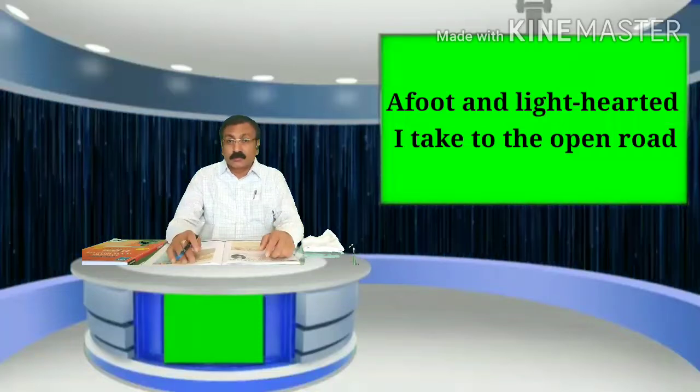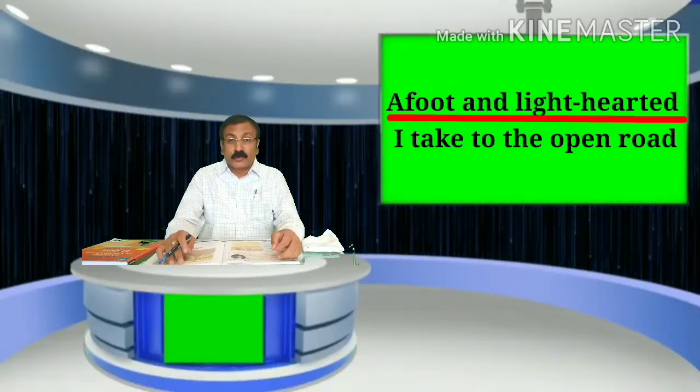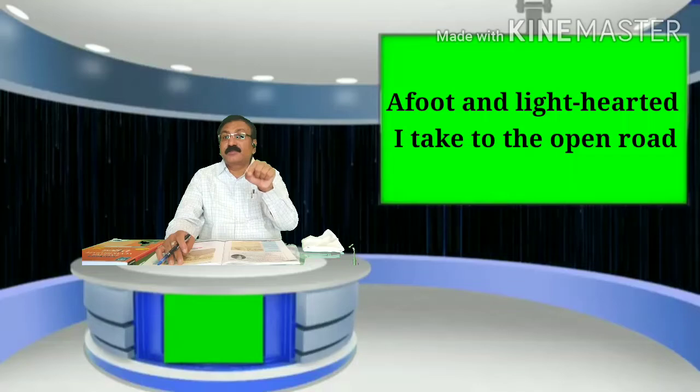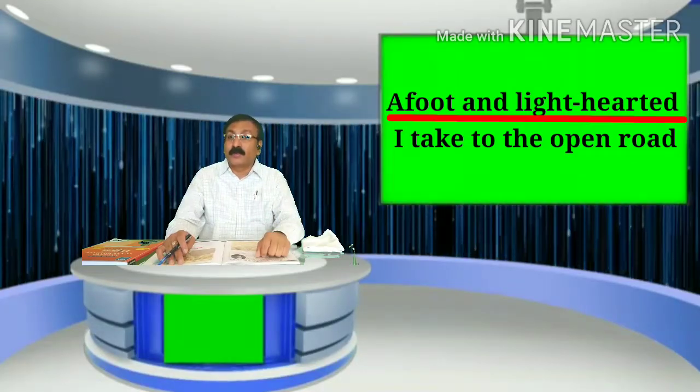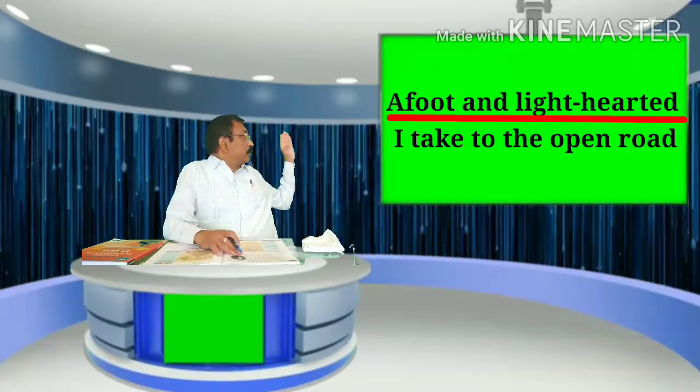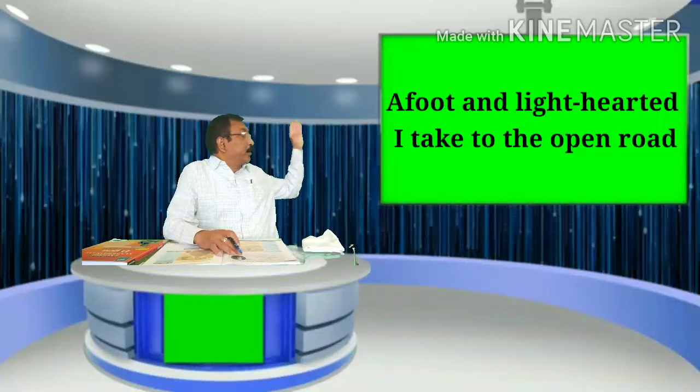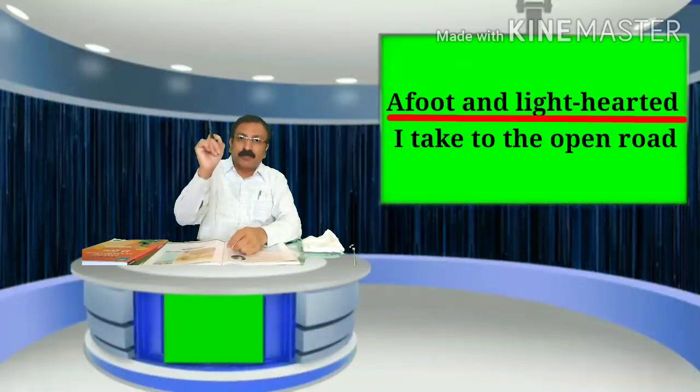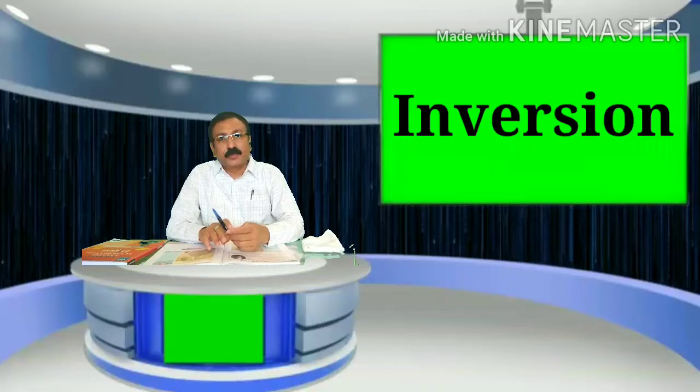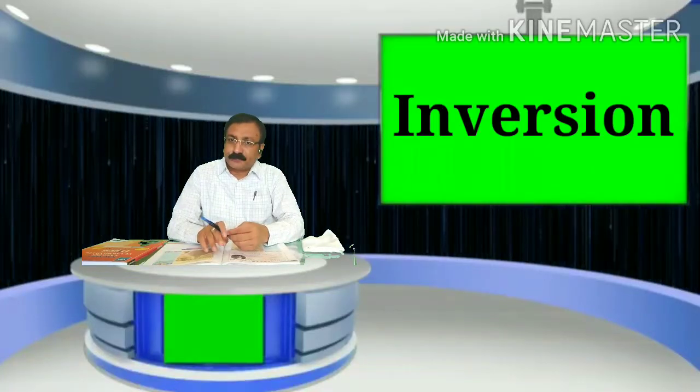This is where the poet wants to place emphasis in this line, and therefore this line, a foot and light-hearted I take to the open road, is the best example of the figure of speech inversion.